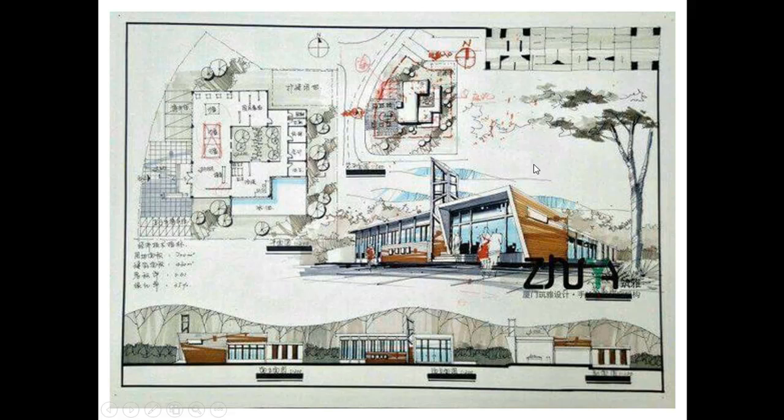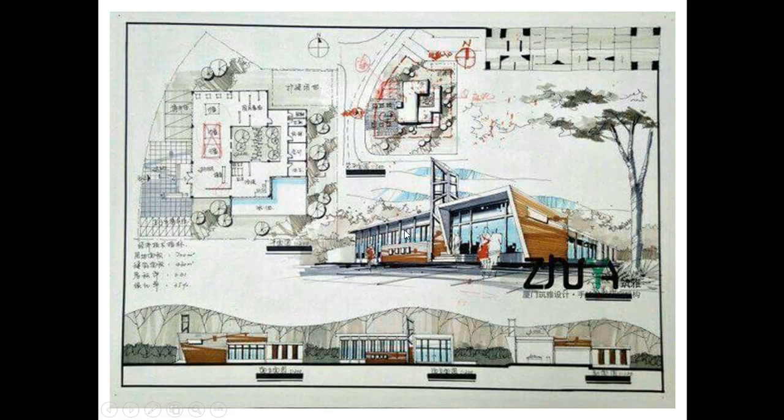This is another technique, using pencil colors. Look, this is pencil colors with ink. As we see, the designer here used ink techniques in her presentation, as we see here in the plan, in the layout, and in the elevation and section here, and this is the main perspective.